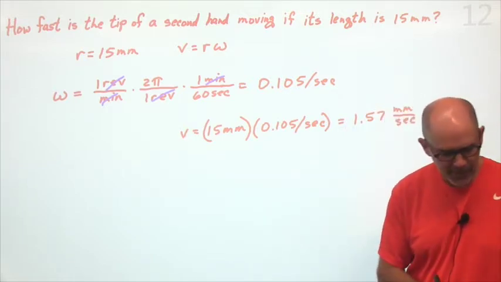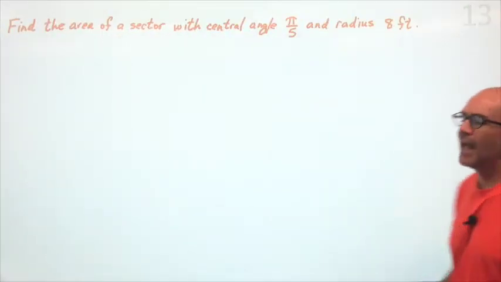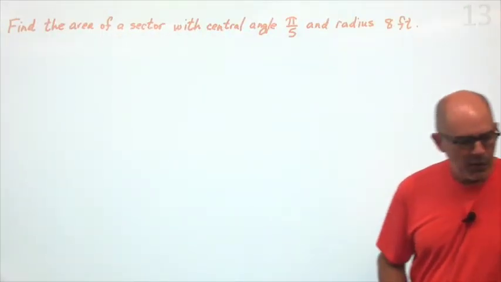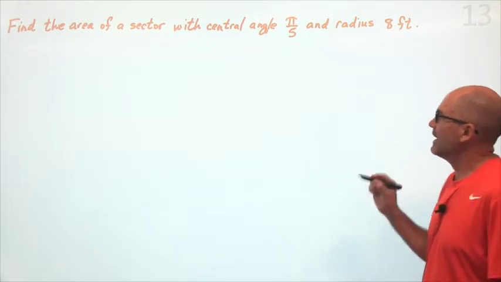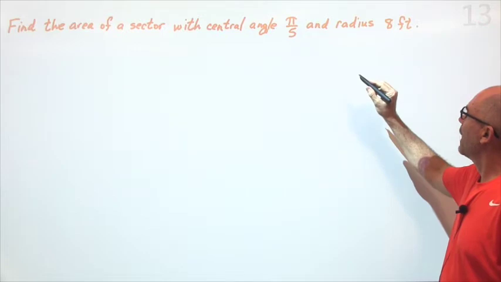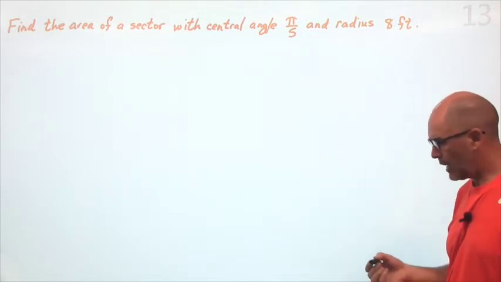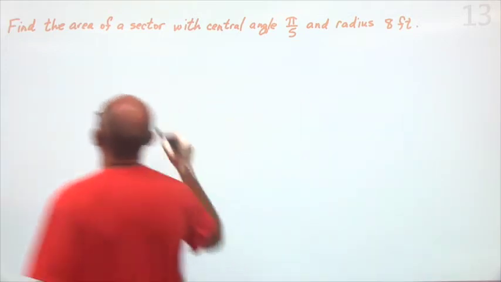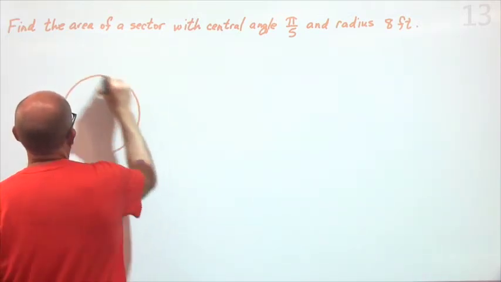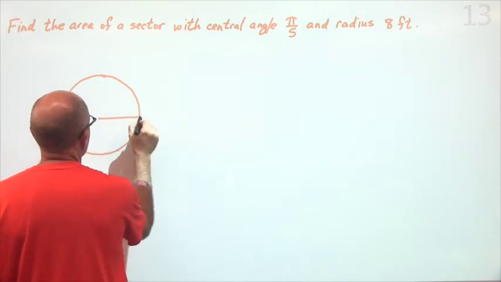Okay, so one last example problem. We want to get the area of a sector with central angle pi/5 and radius 8 feet. Okay, so we've got our circle. The radius is 8 feet.